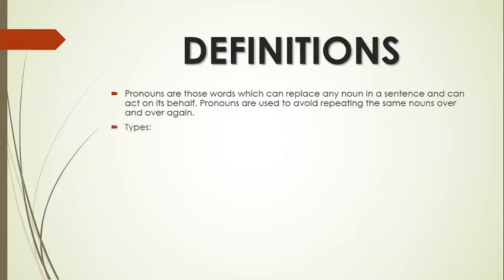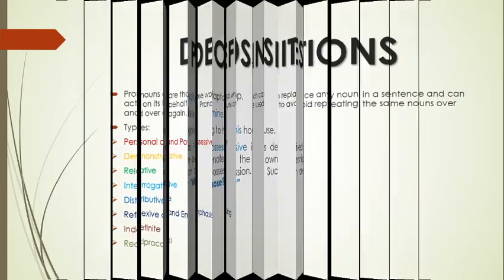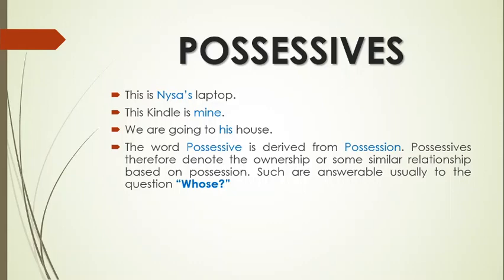Let us now revise the different types of pronouns. If we remember correctly, we have personal and possessive, demonstrative, relative, interrogative, distributive, reflexive and emphasizing pronouns, indefinite pronouns, and finally, reciprocal pronouns. Now let us talk about the possessives.